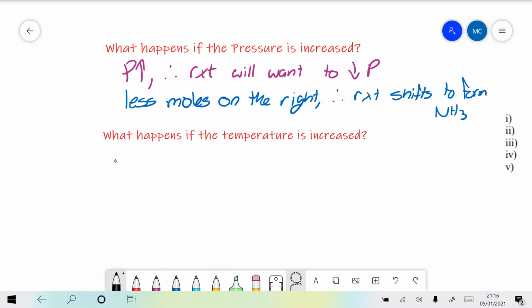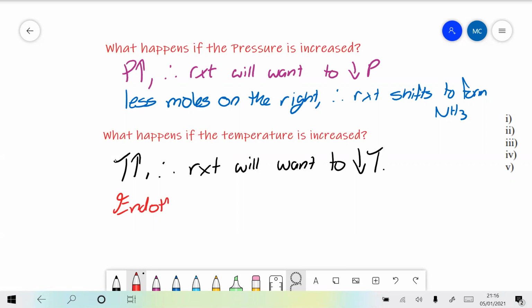So if the temperature is increased, therefore the reaction will want to decrease temperature. Okay?